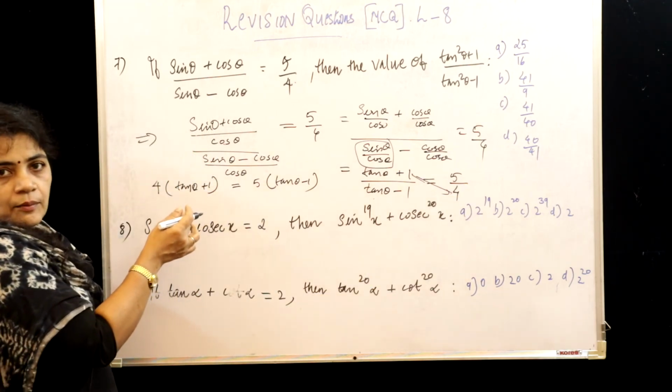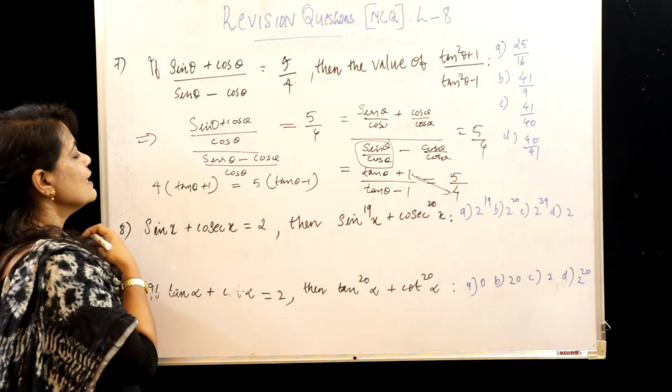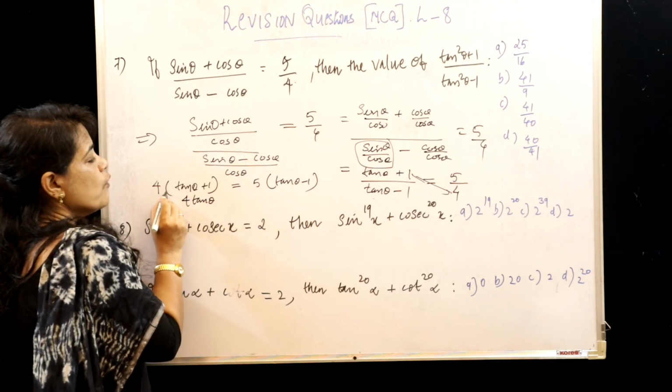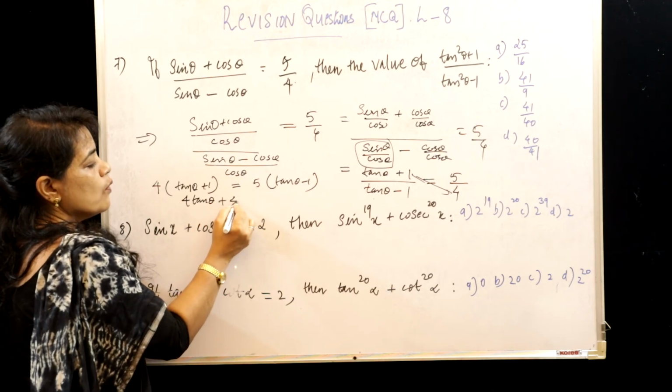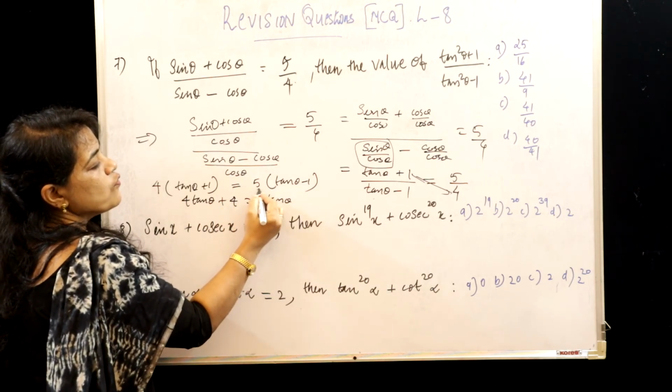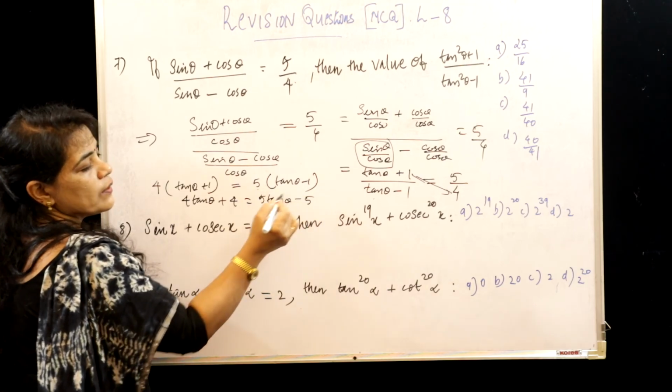Now you can open the bracket, that is 4 into tan theta is 4 tan theta and 4 into 1 is 4, equal to 5 into tan theta, 5 tan theta and 5 into minus 1, minus 5.